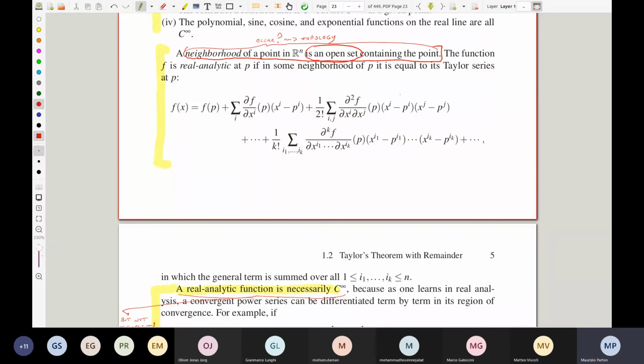You fix one point, you take a radius, and you take all the points in Rn which are within that radius from that point. That is a particular kind of neighborhood. But by neighborhood, we just need the notion of staying close to a point. I fix a point, I take a neighborhood, it means I am around that point in an open set, usually implicitly connected, not made by two different parts.